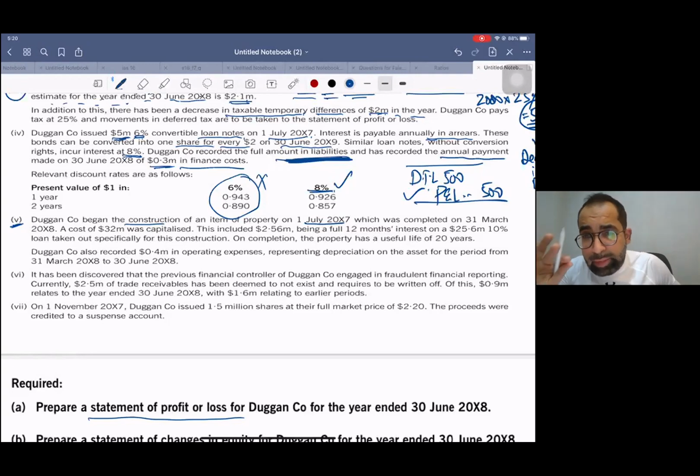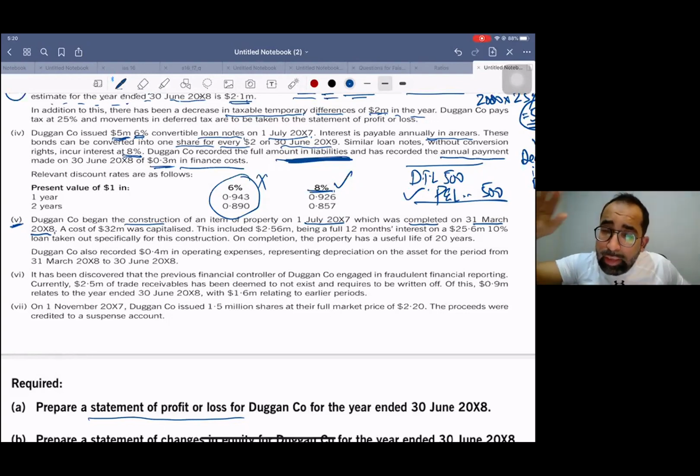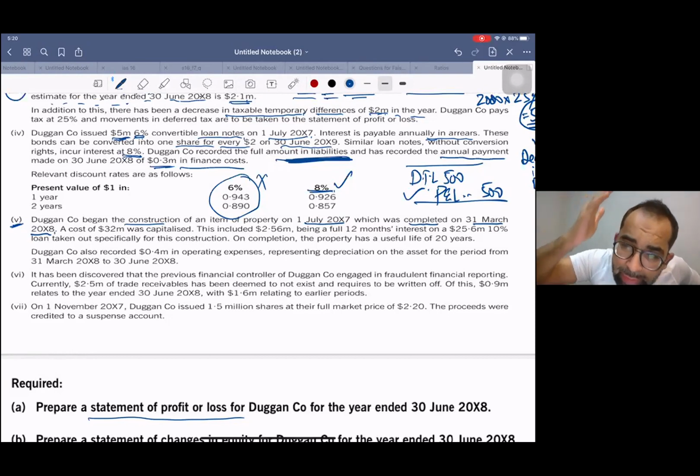Now I hope you remember the conditions. Very important, the project was completed on 31st March x8. That means after 9 months the project has been completed. The day you complete the project, from that day onwards you cannot capitalize the finance cost.